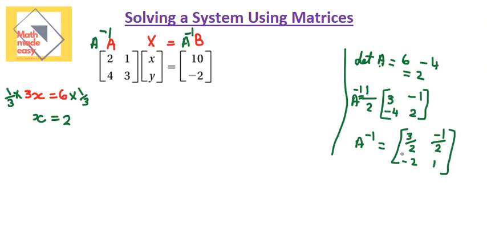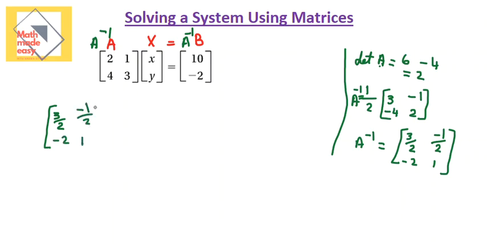Now that I have the inverse of matrix A, I'm going to multiply both sides of the equation by that inverse, which will make my life very easy, and I will get the solution of this matrix equation in no time. Now remember, order does make a difference when it comes to matrix multiplication. It's not commutative. So if we are going to multiply by the inverse of A first on the first side of the equation, we're going to do the same on the other side.